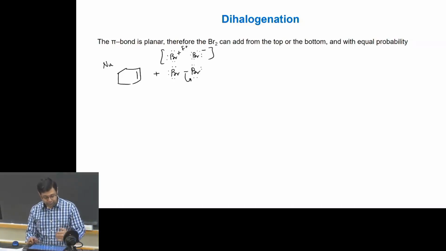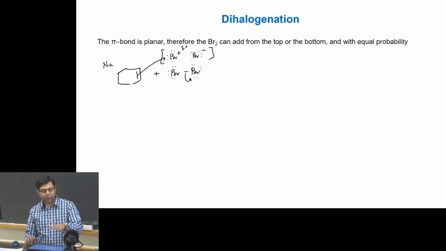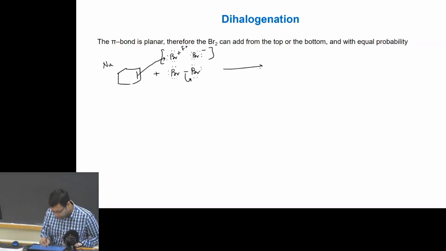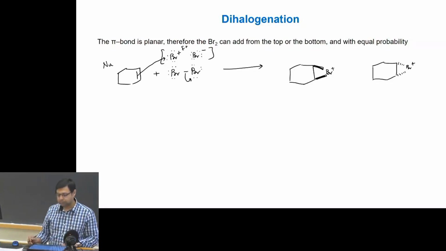Right. First step, attack of the double bond by the electrophile. Now because the double bond is planar, you can have the Br plus attack from the top or the bottom with equal probability. If it attacks from top, you're going to form this cyclic bromonium ion. If it attacks from bottom, you're going to form this cyclic bromonium ion.